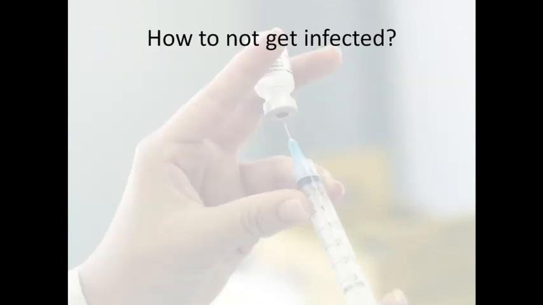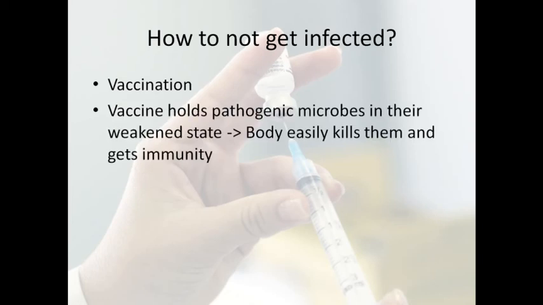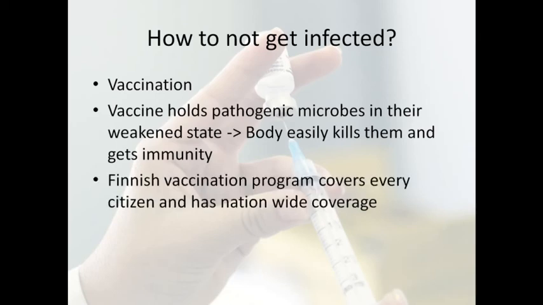And lastly, how not to get infected is the vaccination program. Because a vaccine holds the pathogenic microbes in their weakened state, so the body easily kills them and gets immunity this way. So you inject the weakened microbes into the body with vaccination, and the body remembers this and then forms the immunity.